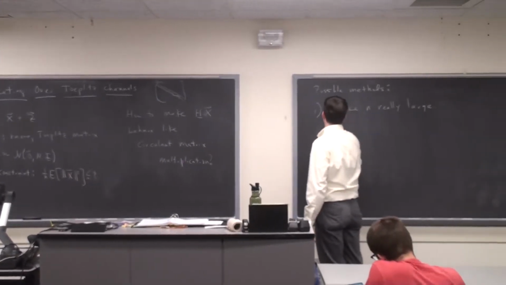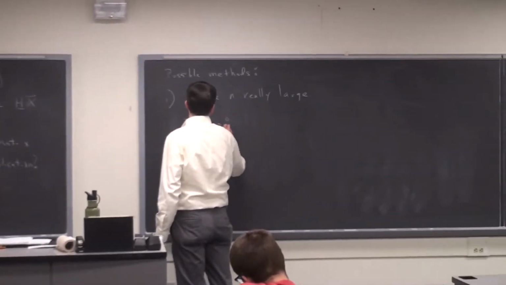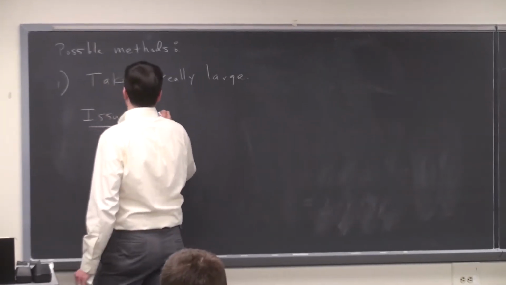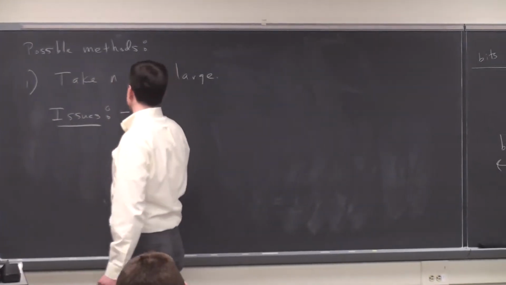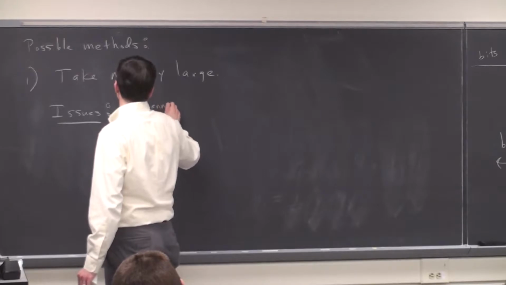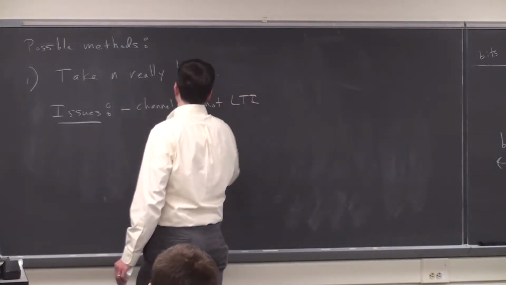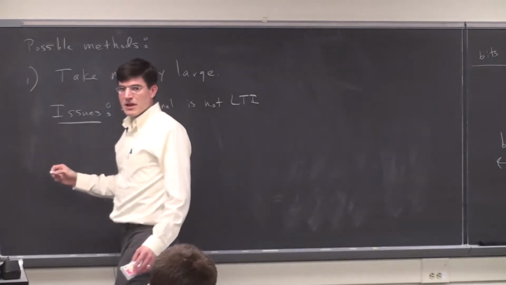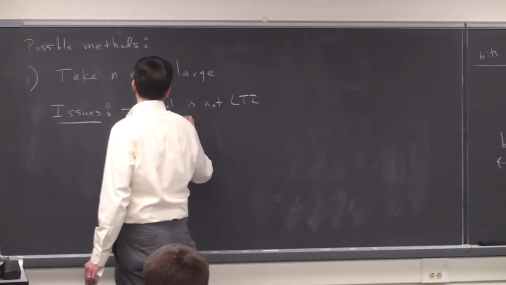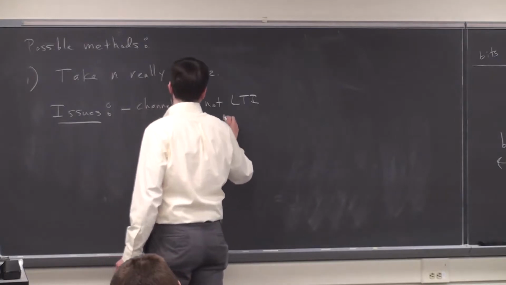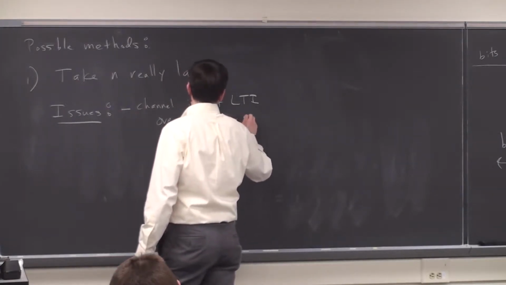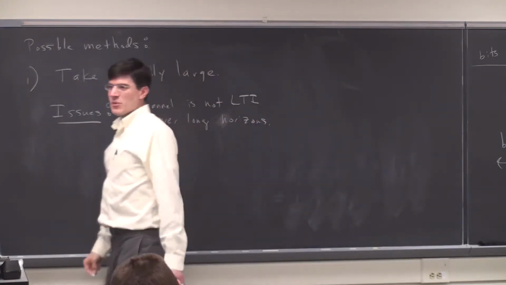So there are a few issues with this. One is that the channel is not LTI. Our channel, ComCloud, is not LTI over long horizons, let's say. Remember, go back to the modeling section.